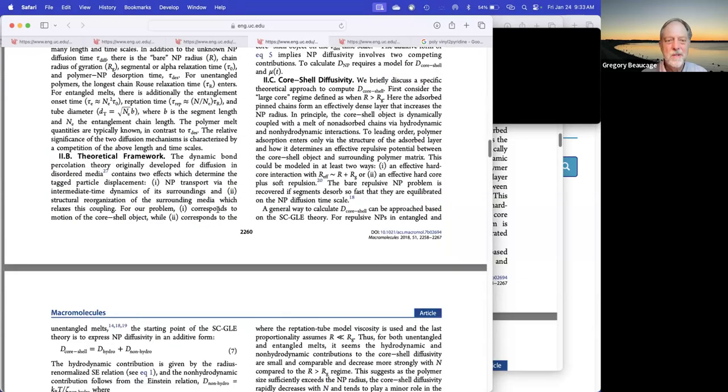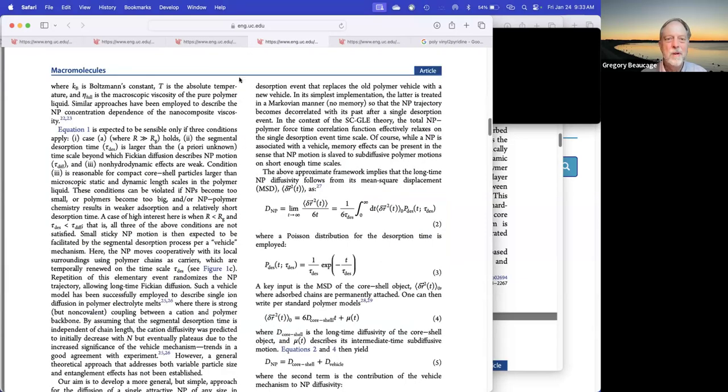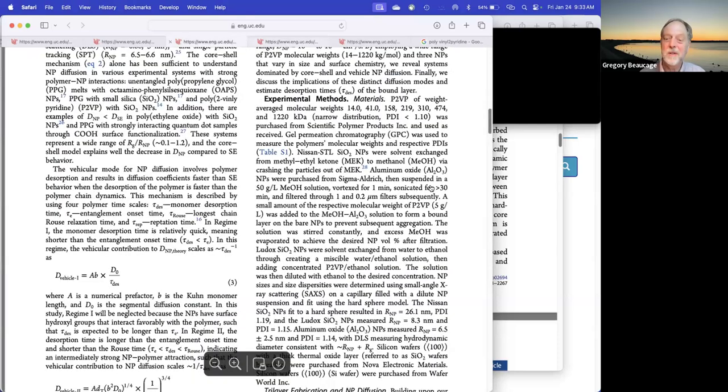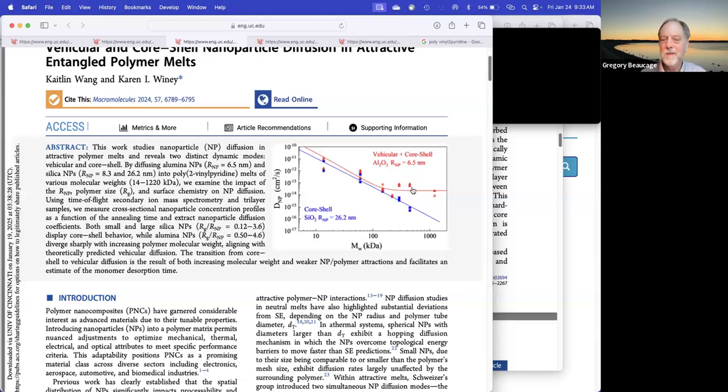The thing that's important is that there is one regime where this transport doesn't depend on the molecular weight anymore. It only depends on this desorption relaxation time, which is fixed. So that's a chemistry issue. Silica has a strong interaction, so it's got a long relaxation time. It takes a long time to break apart the bond between the polymer and the chain. Alumina has a weaker one, or none.